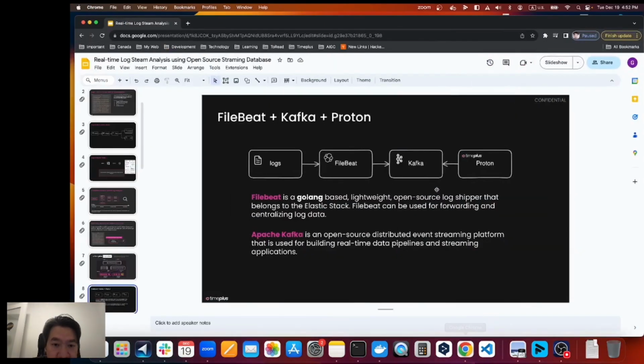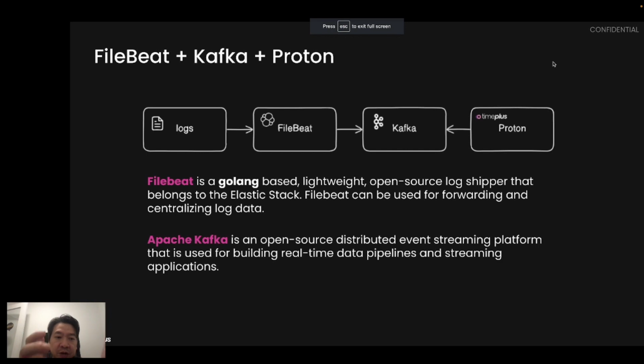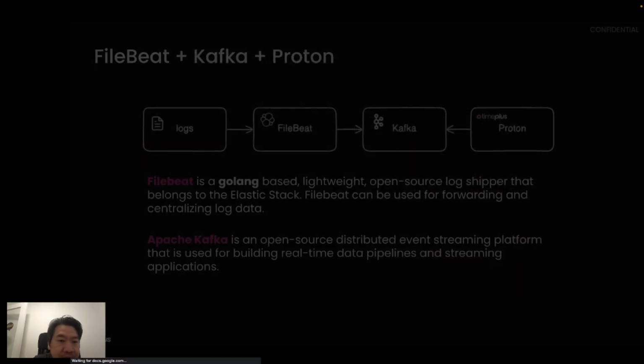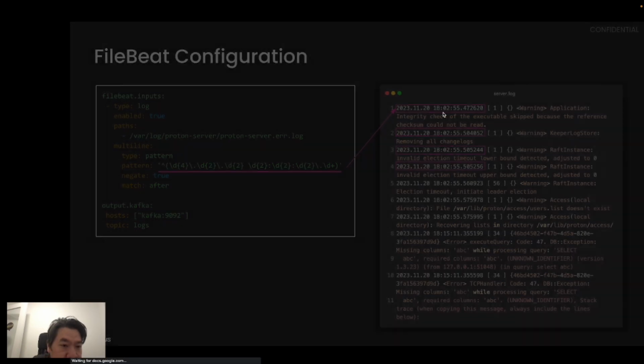So that's the first stack I just introduced. We use Filebeat, collecting data, sending to Kafka, and then we create an external stream in Proton to read the topic from Kafka and get streaming data, right? So yeah, this is the configuration. You can see we use the Filebeat multi-line patterns to extract this timestamp.